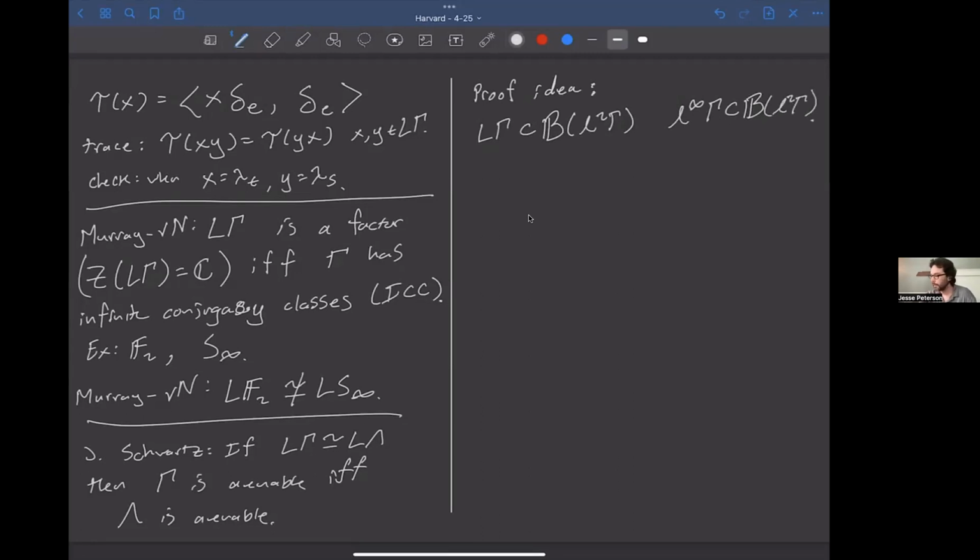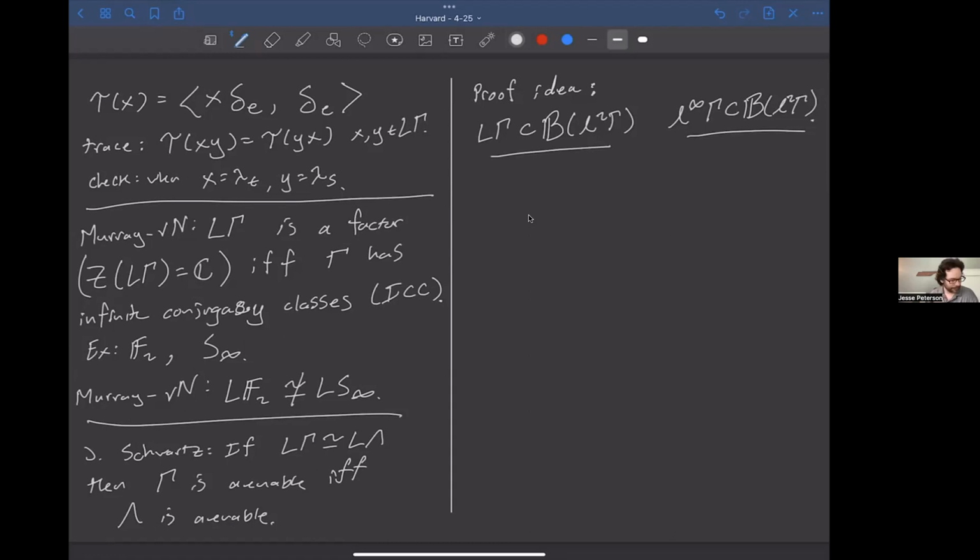So this is the abelian case here, and this is the dual case here. We have L infinities of both the group and the dual group that sit inside in a natural orthogonal way, and you can play between these two von Neumann algebras in a nice way.